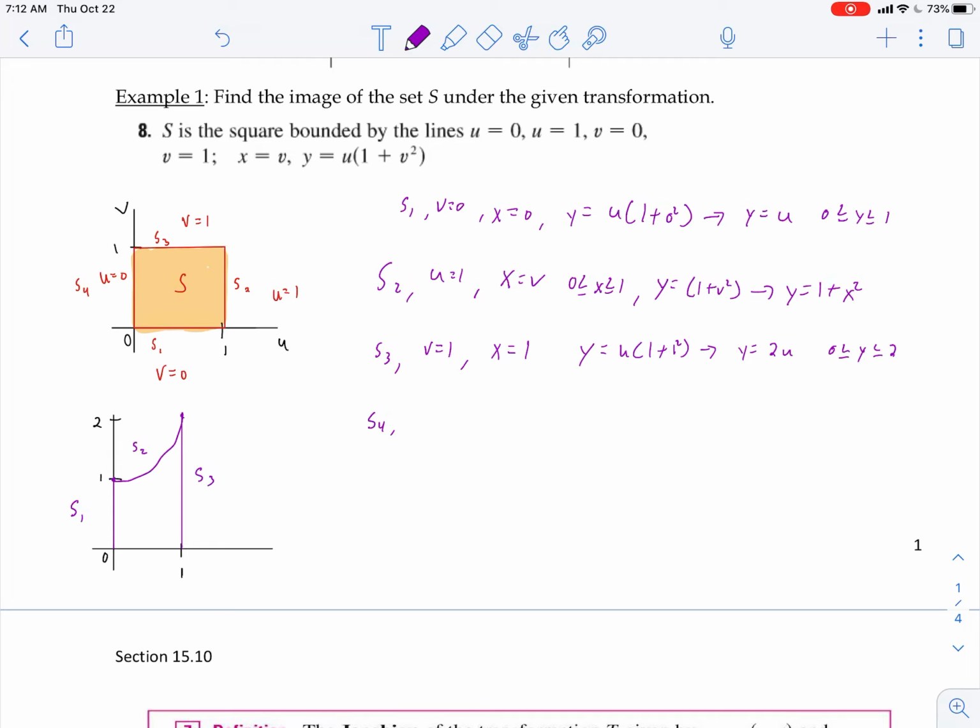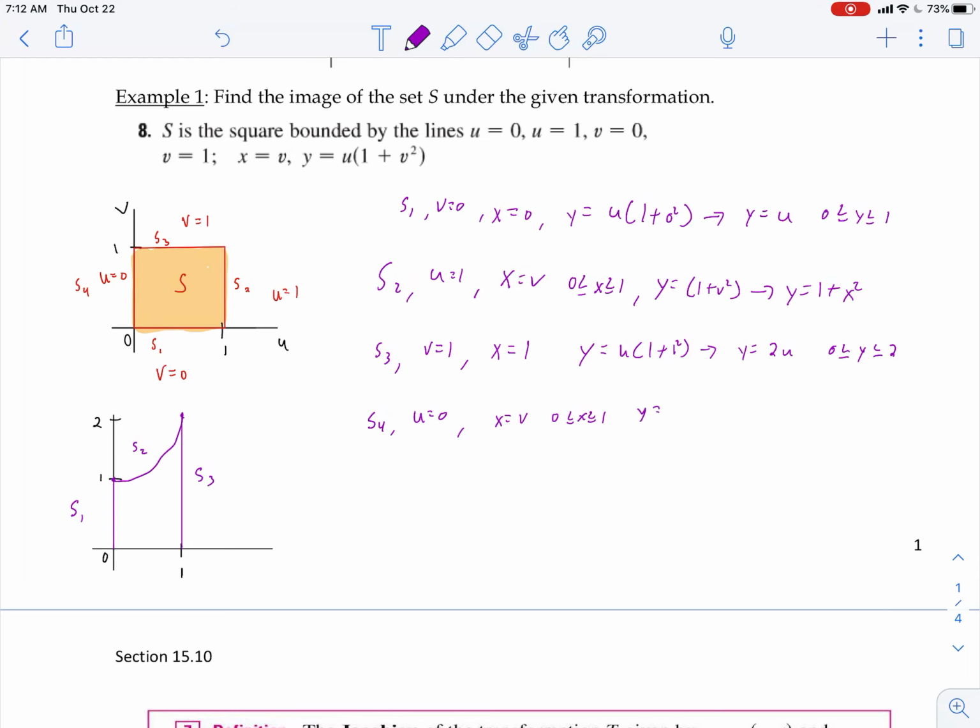For S4, we have our last equation, u equals 0. So x is still going to be equal to v, and we're going between 0 and 1, because v goes between 0 and 1. And then y is equal to u times 1 plus v squared.